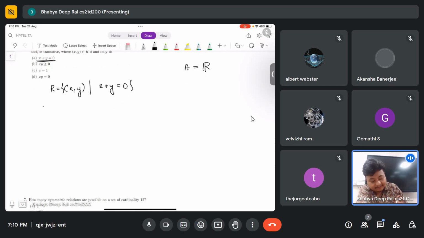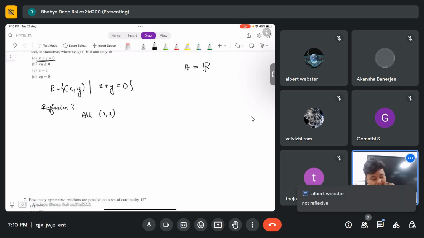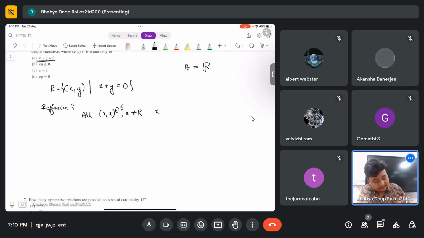So, let's try this. Is it reflexive? Reflexive would mean that all (x, x) belong to R. But that is clearly not true, right?